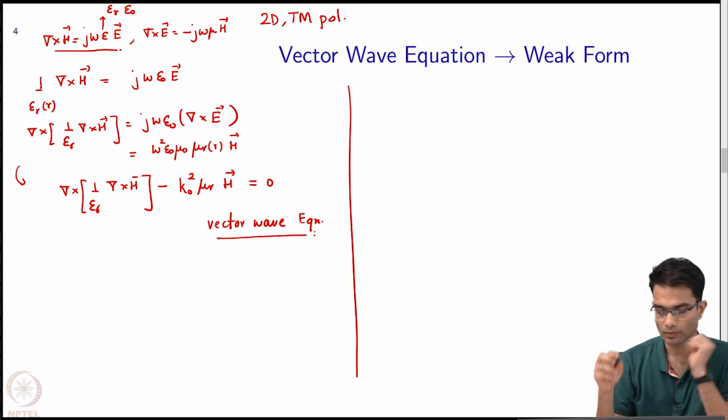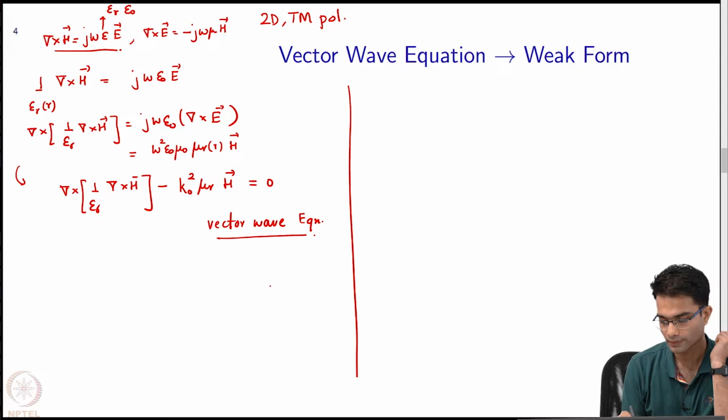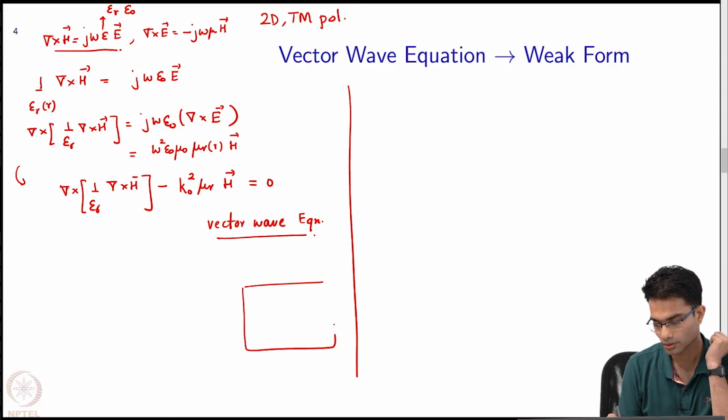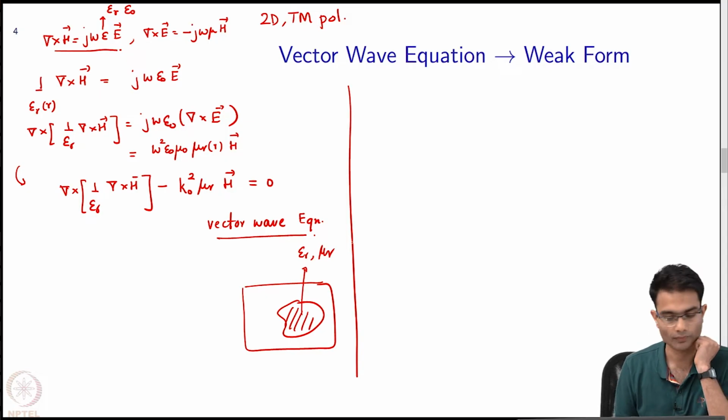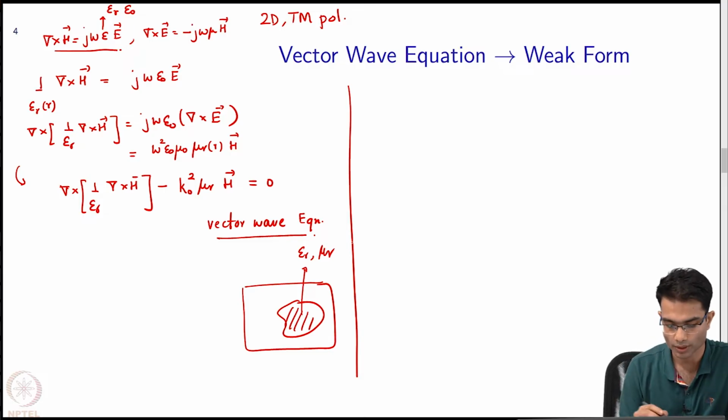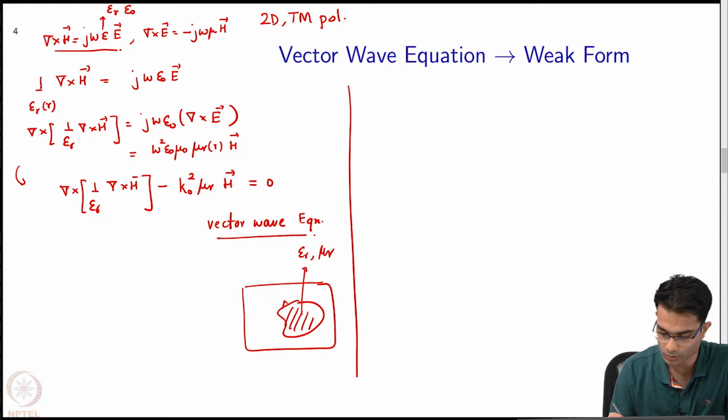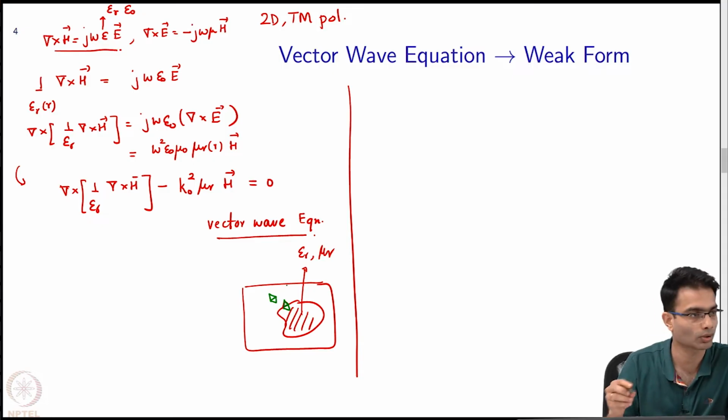Now, given a domain with some object with epsilon r and mu r, what do we have to do in the FEM? We will be breaking this whole thing into little triangles all over.